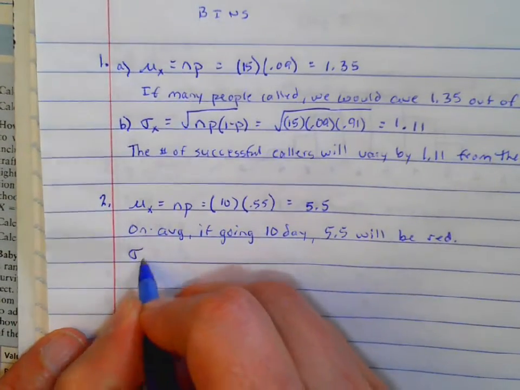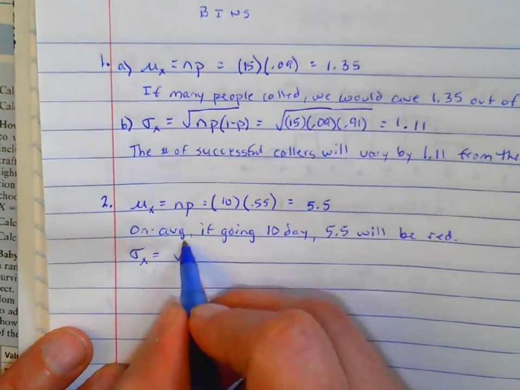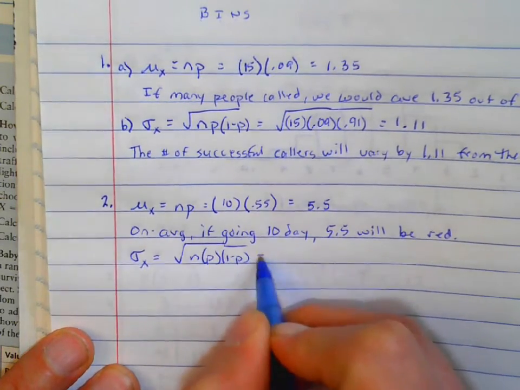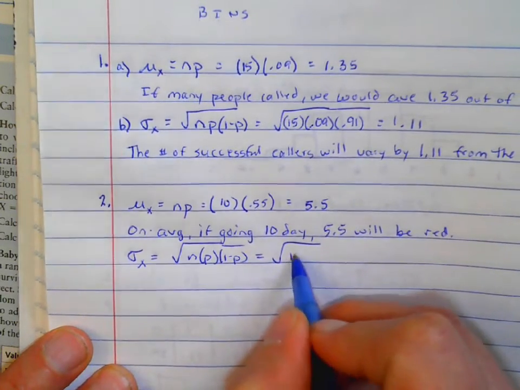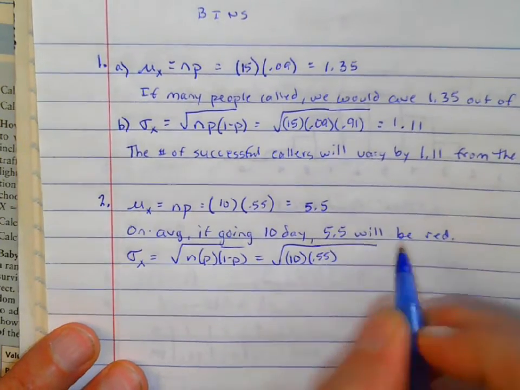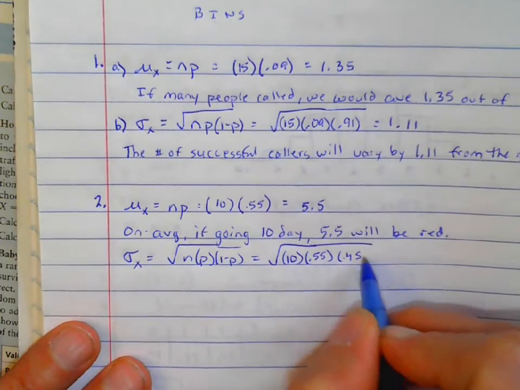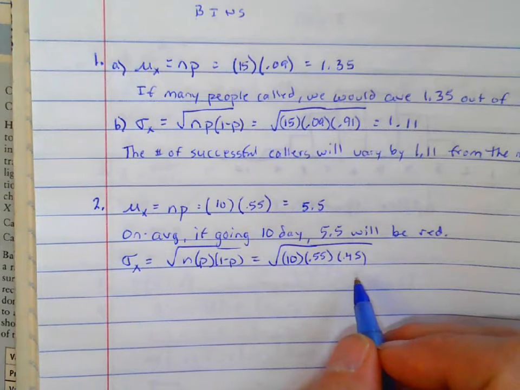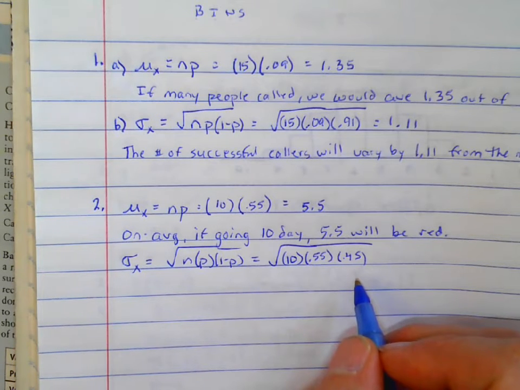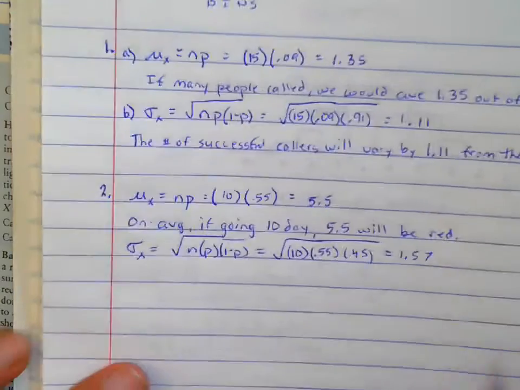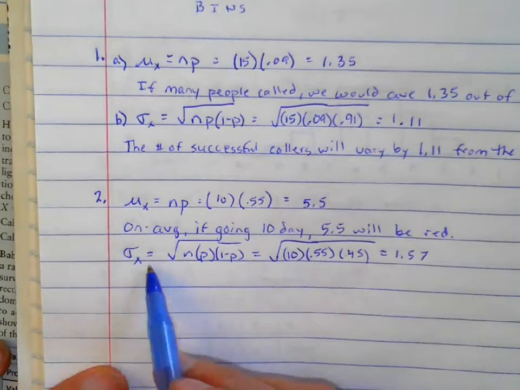Okay, the standard deviation of it, square root of n times p times 1 minus p. So we have the square root of n, which is 10 times going through. Probability was 55% yes, and 1 minus that would be 45%, would be no. So square root of 10 times 0.55 times 0.45, or 1 minus 0.55, gives us 1.57. Okay, so what does that mean?